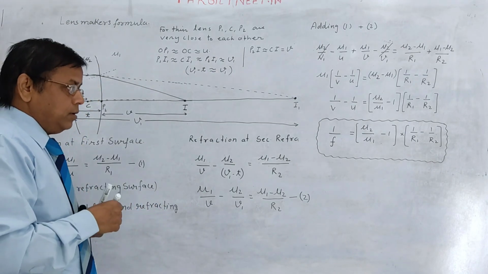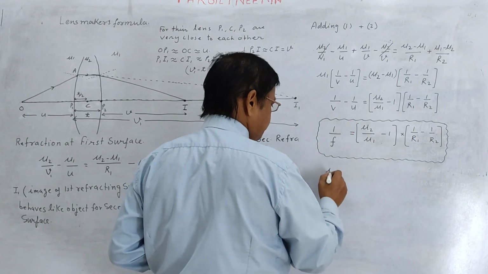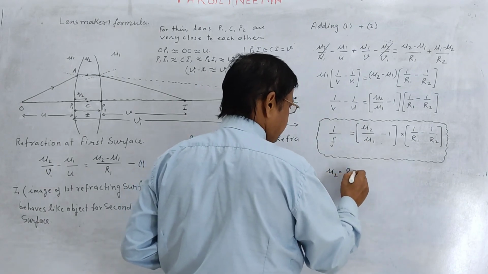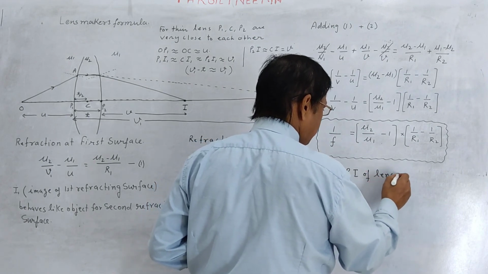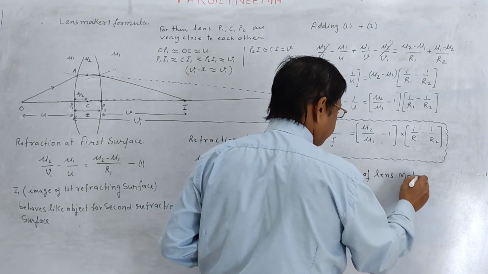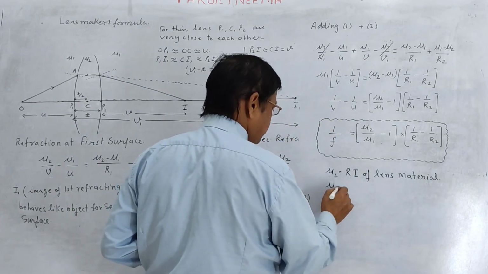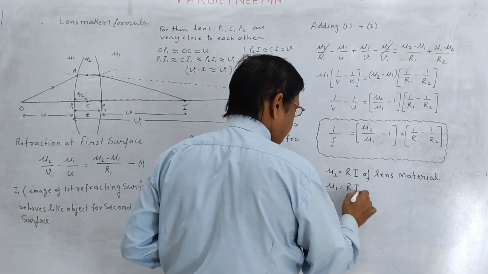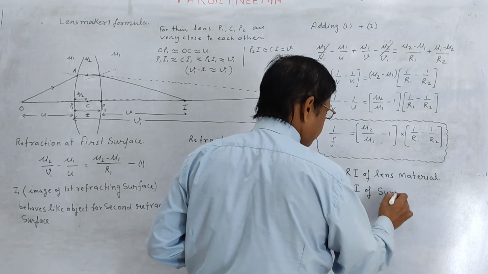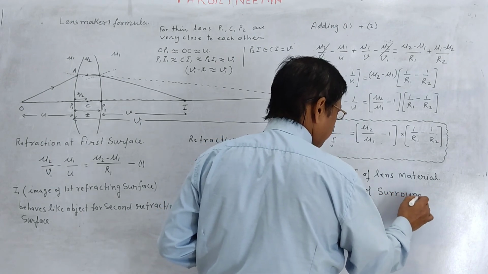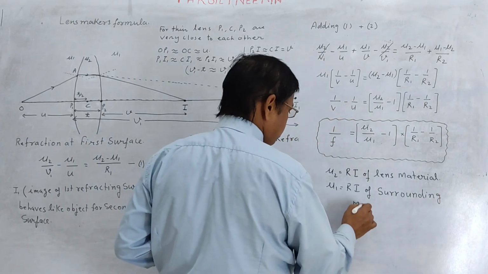Now mu2 is the refractive index of the lens material, and mu1 is the refractive index of the surrounding medium in which the lens is kept.